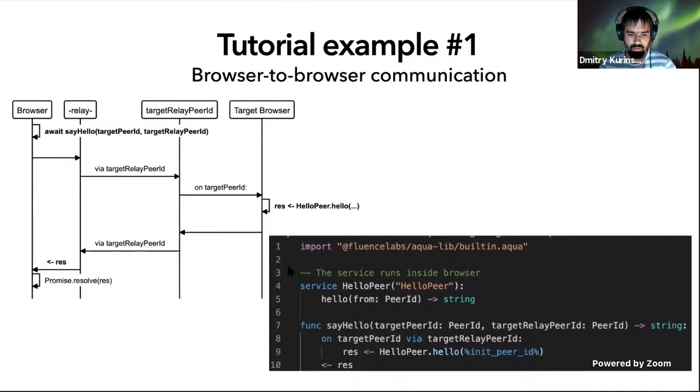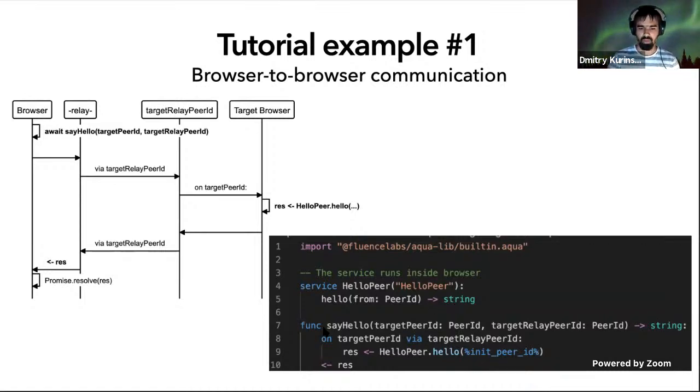Here we have the snippet of Aqua code. So we have the notion of service, which has some functions which are executed outside of Aqua. In this case, inside the web browser. So we have the input type, the output type, pretty simple.